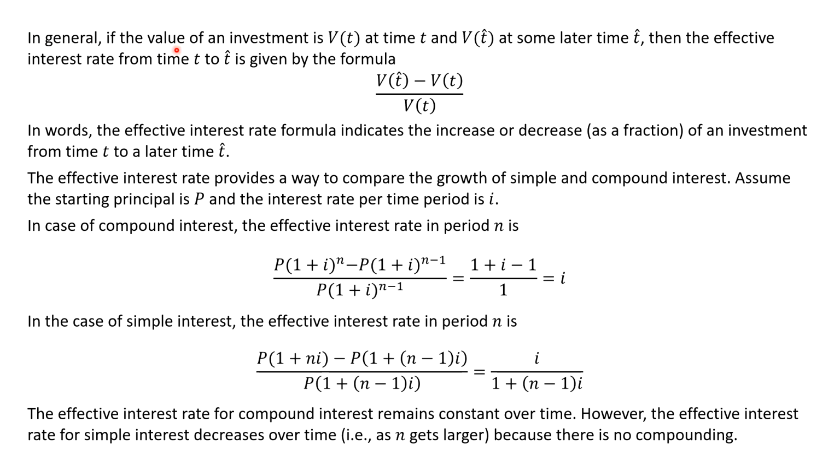In general, if the value of an investment is V(t) at time t and V(t hat) at some later time t hat, then the effective interest rate from the first time to the second time is given by this formula. So if you recall from our example in the previous slide, we had a house that was purchased for $200,000 and then it was sold for $275,000.